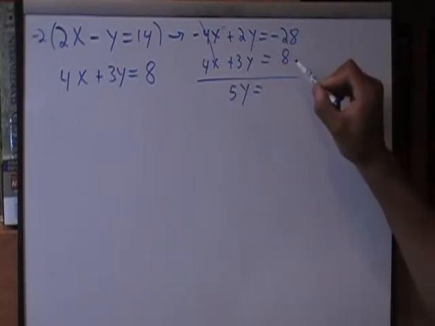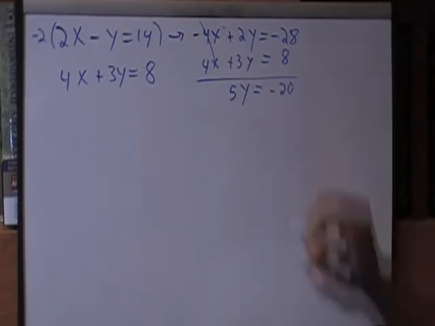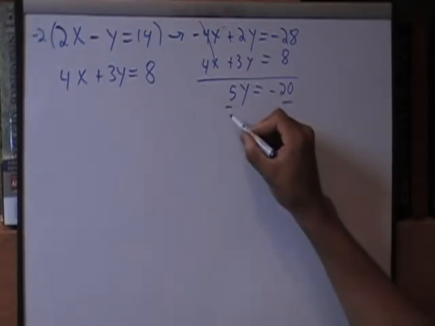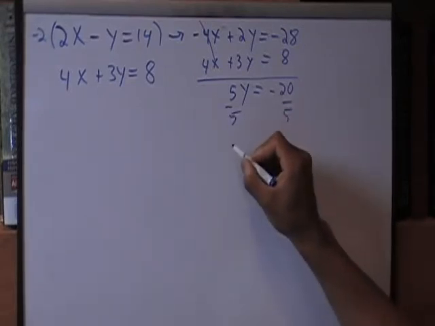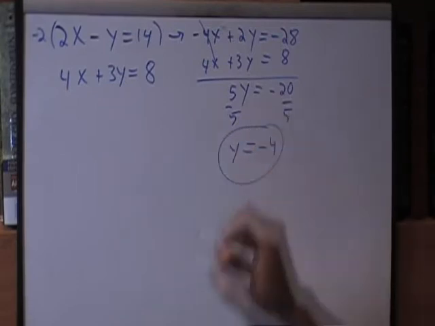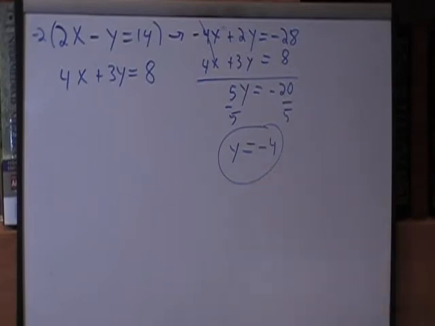And -28 plus +8 is -20. Then we divide both sides by 5. And I'm left with y equals -4. Okay, so we found that y equals -4.